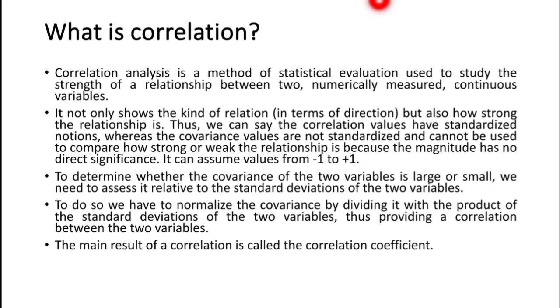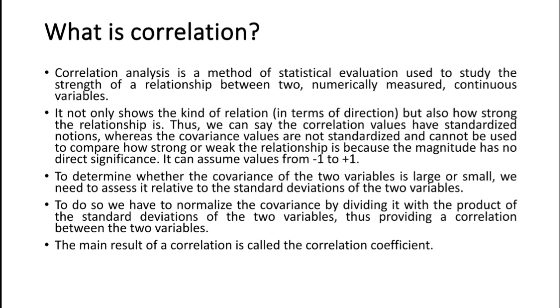So what are the values here? -1 to +1. So I am standardizing the values. Whatever value you are going to get in correlation should be within this range. I am standardizing it. But in covariance, it's not the case. I am not standardizing the value because it ranges from minus infinity to plus infinity. But here I am specifying a range. The range to measure the correlation is -1 to +1.